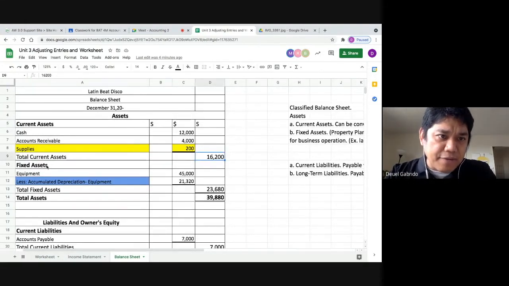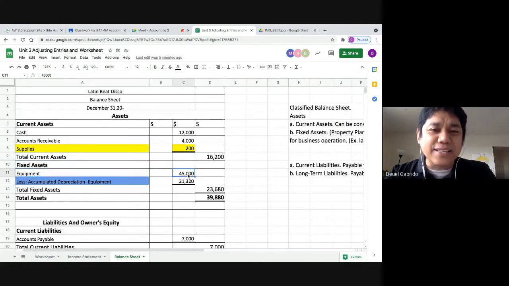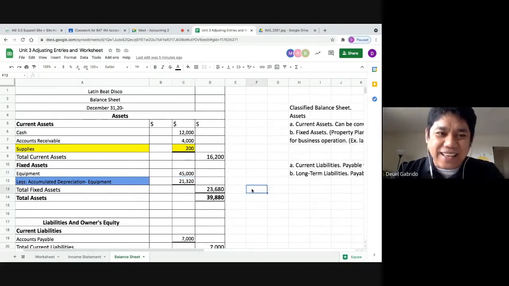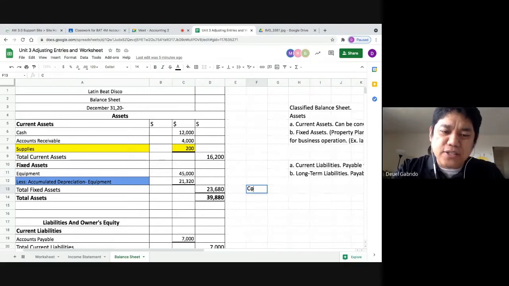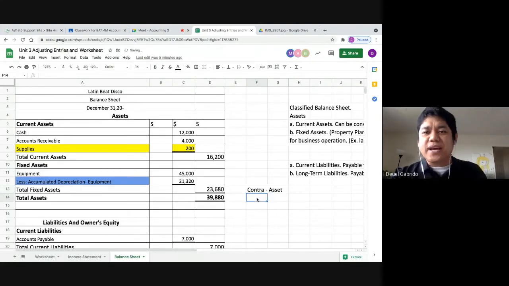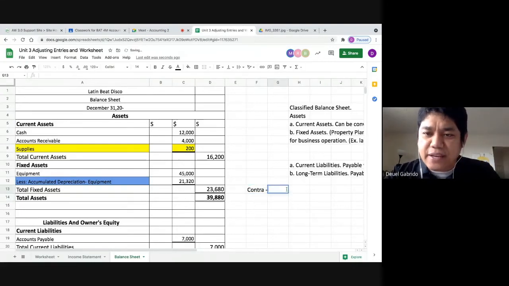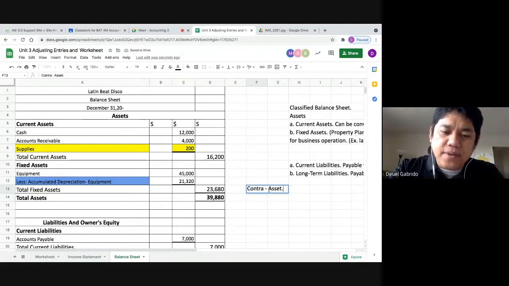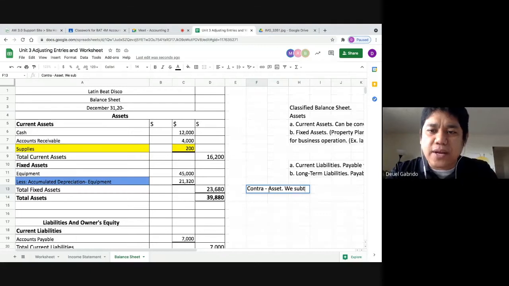Now the other fixed assets, we have equipment here, guys, 45,000. And look, less, as I said, you treat them as husband and wife. The word actually is accumulated depreciation, called a contra asset. When we say contra asset, guys, the meaning is we subtract it from the related asset.